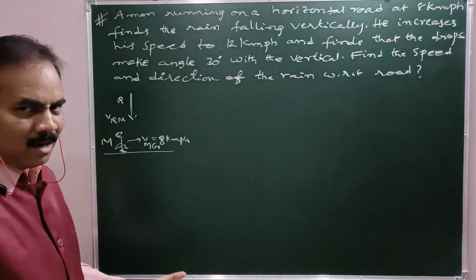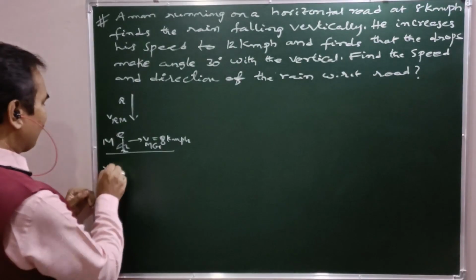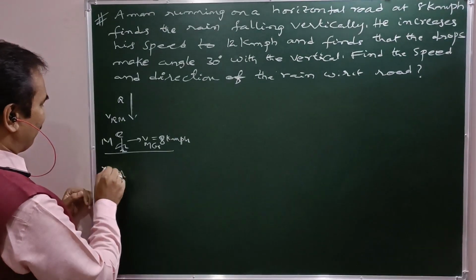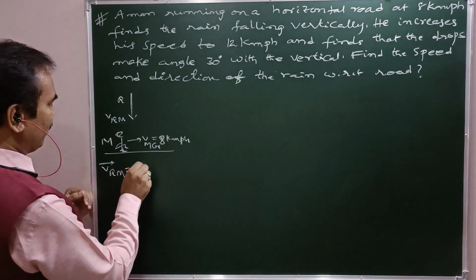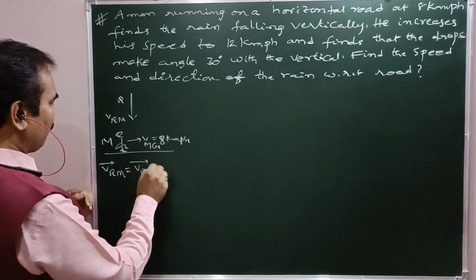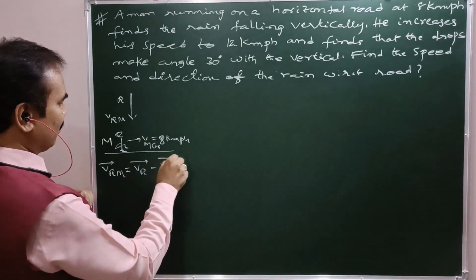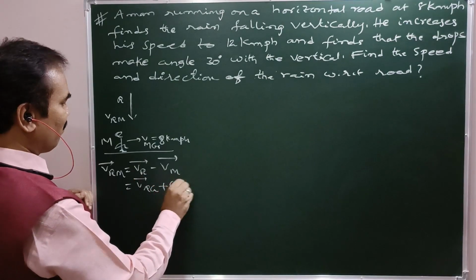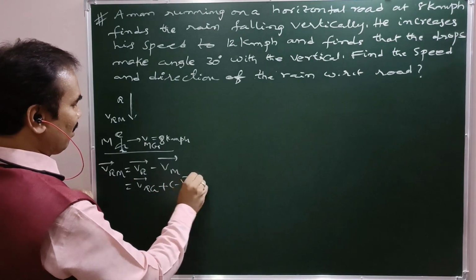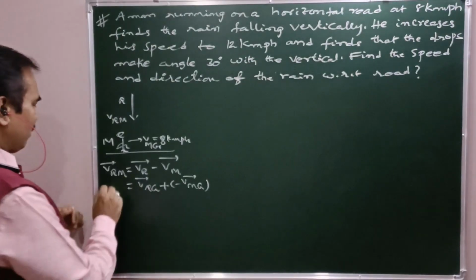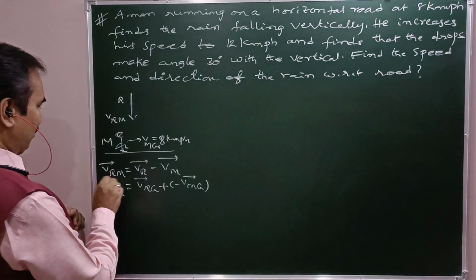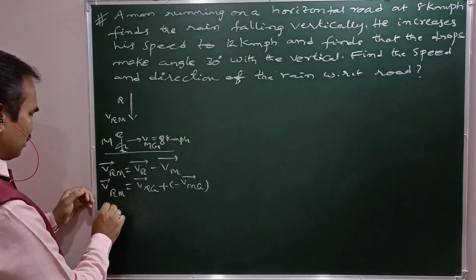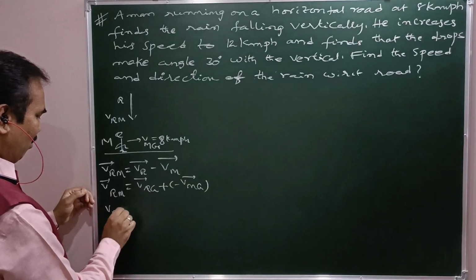Now, as per relative equation, VRM bar equal to VR bar minus VM bar, right? That is VRG bar plus or minus VMG bar, okay? Right, VRM bar. Of course, VRG bar equal to VRG bar.